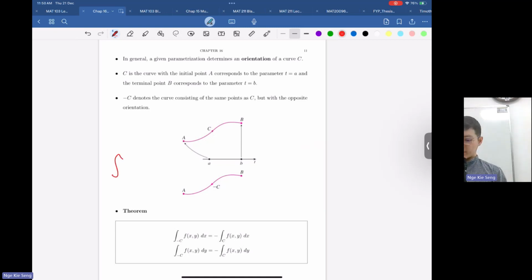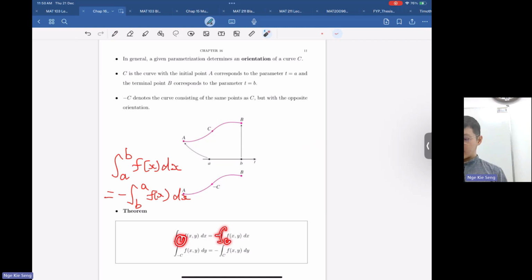If you integrate from a to b of f(x) dx, it is equal to minus the integral with the endpoints swapped. So meaning you swap the direction. So the integral over minus C is equal to minus the integral over C.